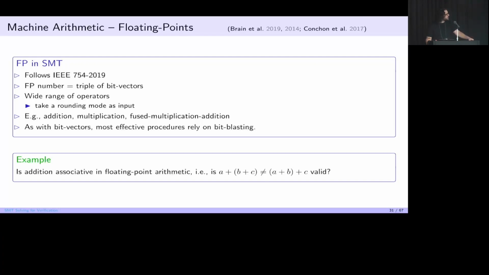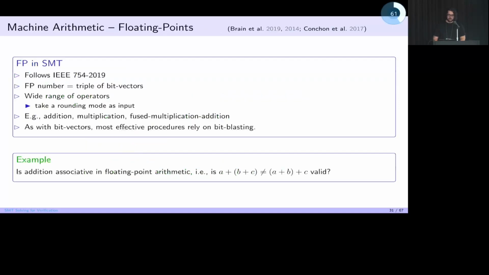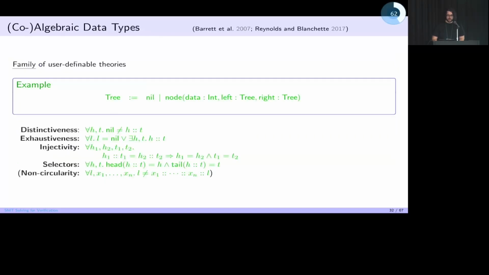So we're talking about the theories that we have in SMT, all these different theories that allow you to phrase all these different kinds of problems. Any problem that you can fit in one of these theories, you're going to have a procedure that hopefully is going to be reasonably efficient to solve it for these ones that we have seen so far, other than floating points, which are tough, but things tend to behave well. So I mentioned before the theory of algebraic data types.